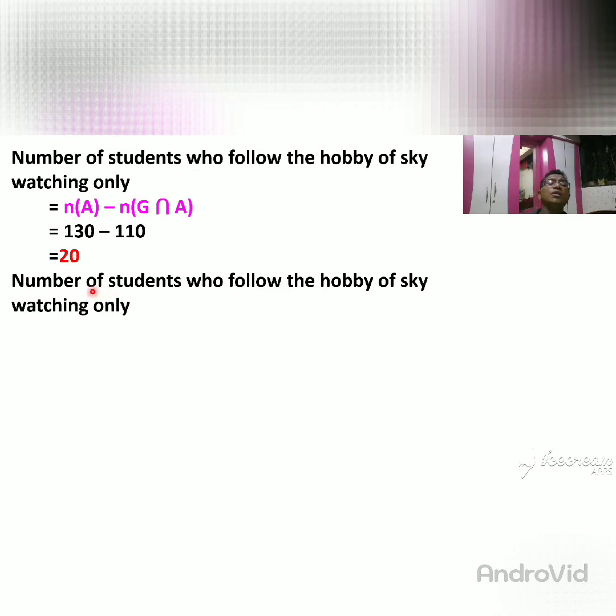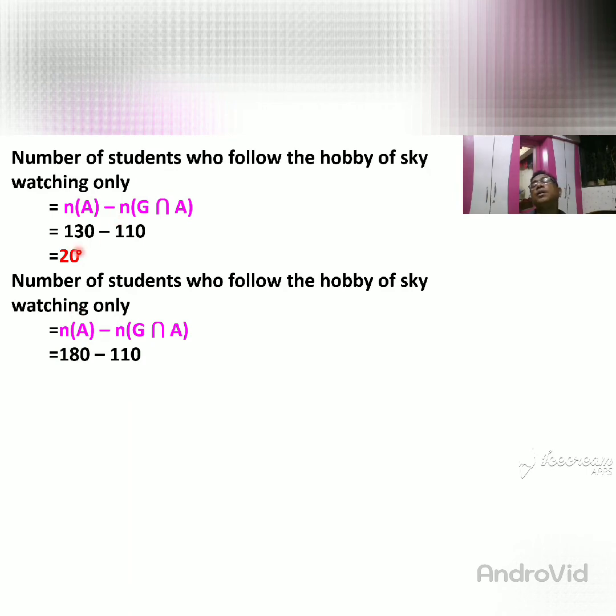Then the number of students who follow the hobby of sky watching only, that you have to find out. So number of A minus number of G intersection A. This one is cancelled, don't think about that, because they have taken 130 here but it should be 180.